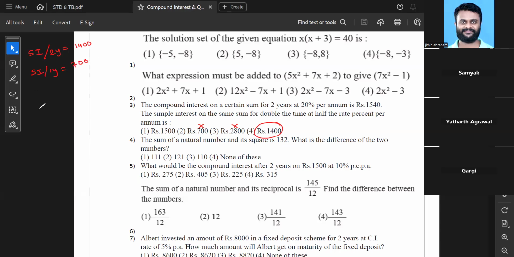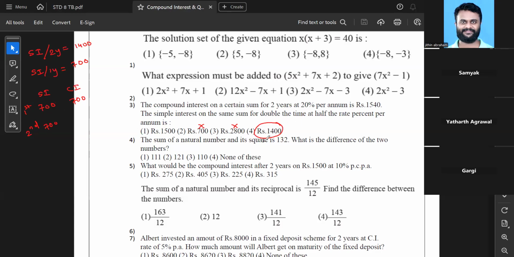Now, logically speaking, if the interest in 1 year is 700, the first year, simple interest will also be 700 and compound interest will also be 700. If you think about the second year, the simple interest remains 700, but in compound interest, interest is also charged on the interest.